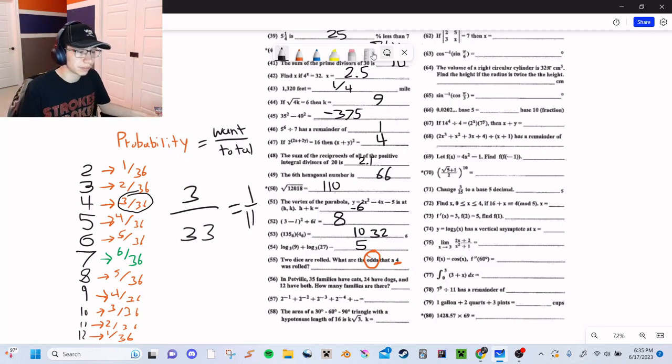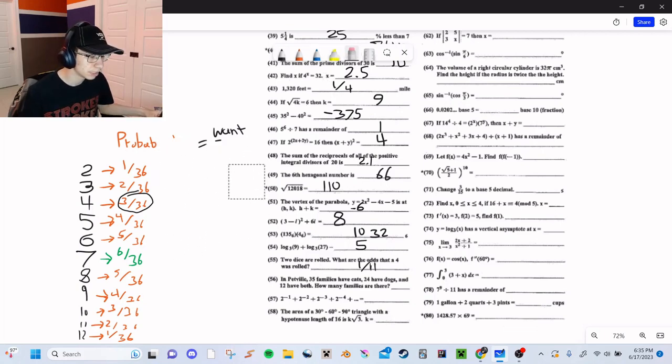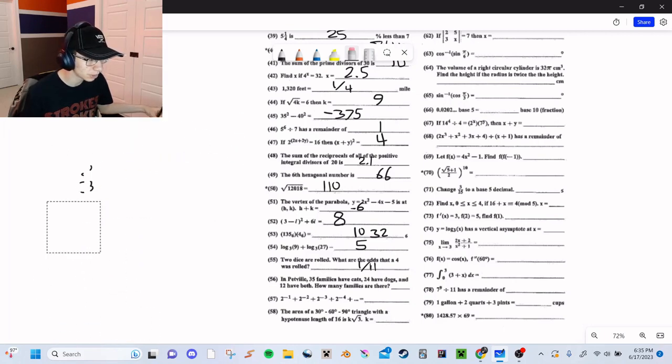And that's the answer for 55. So now you know the difference between odds and probability. Probability is what you want over the total, whereas odds is what you want over what you don't want. Make sure you memorize this little list of the dice probabilities as well. Rolling 2 dice.